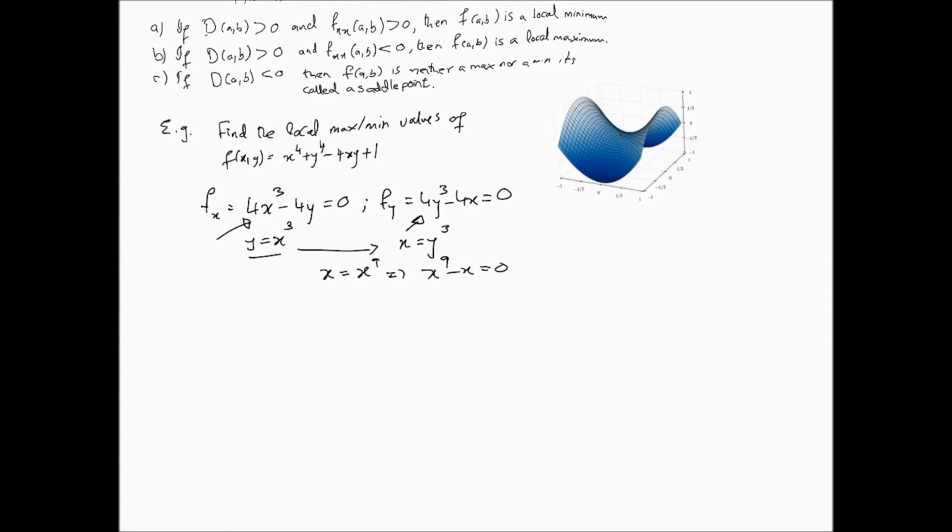Okay, and this further means that we take the x common, gives us x(x^8 minus 1) equals 0.